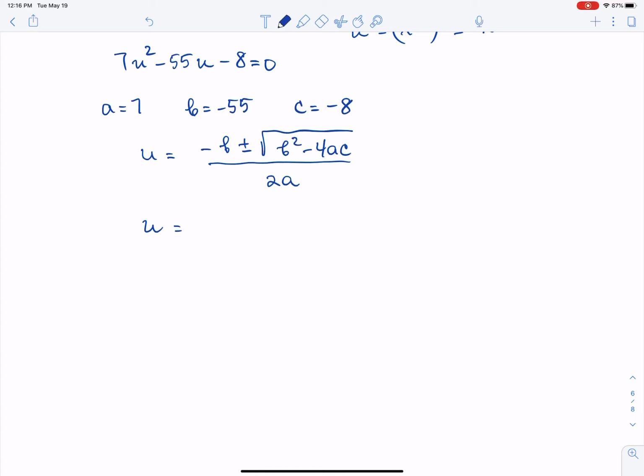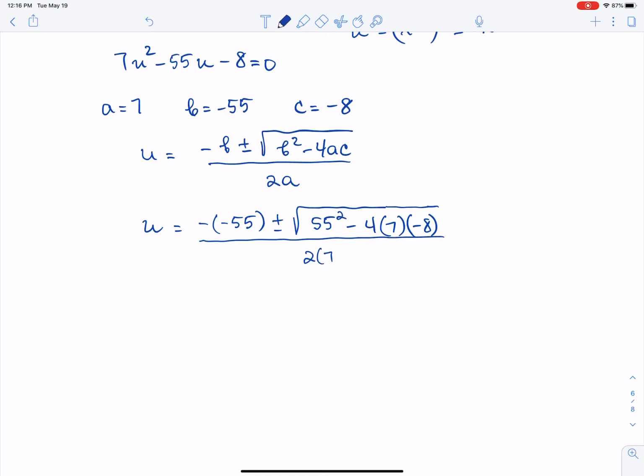I'm going to substitute here. U is equal to negative b, that's negative negative 55, plus or minus square root. Notice that when b is squared, I may disregard the negative sign because negative squared is positive, minus 4 times a, which is 7, and c, which is negative 8, all over 2 times 7.